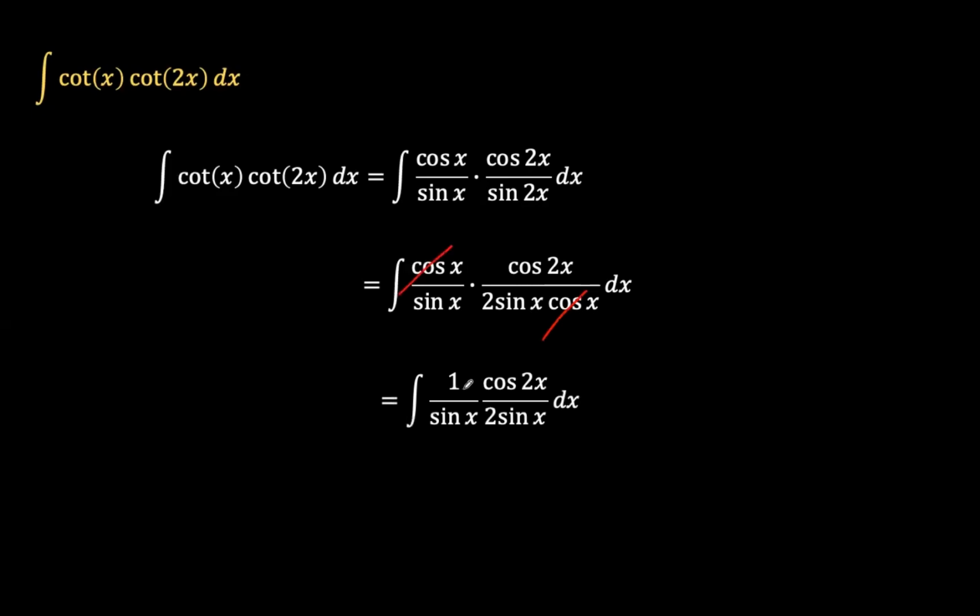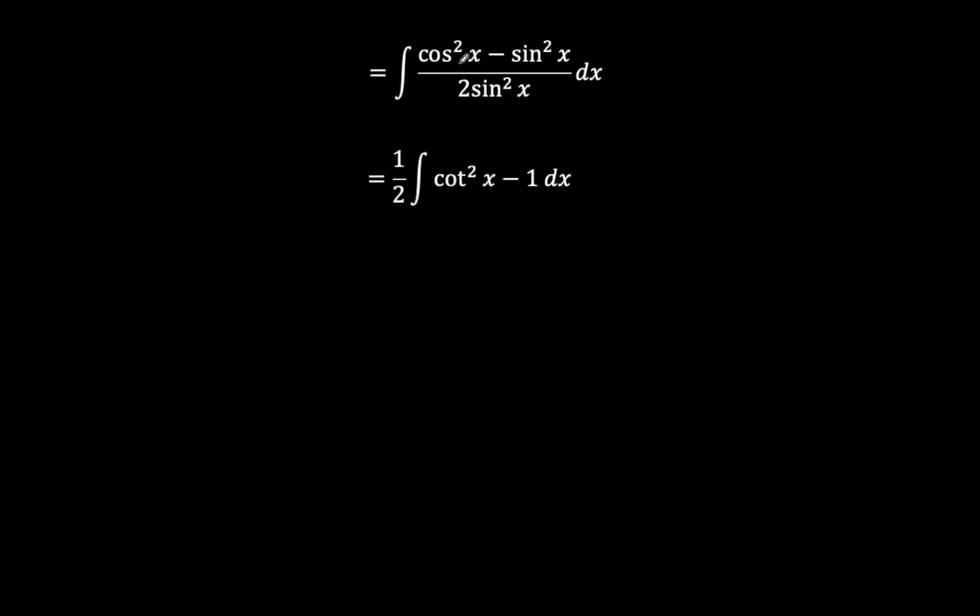So we have in the numerator 1 times cosine 2x. In the denominator we have sine x times 2 sine x. So cosine 2x can be also expressed as cosine squared x minus sine squared x. And then the denominator, we have 2 sine squared x.